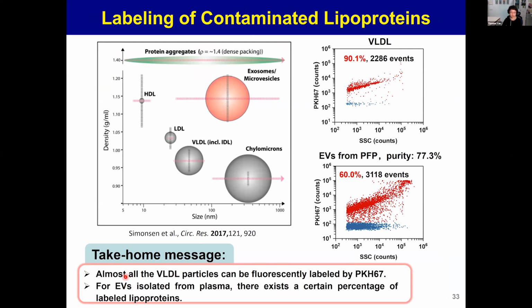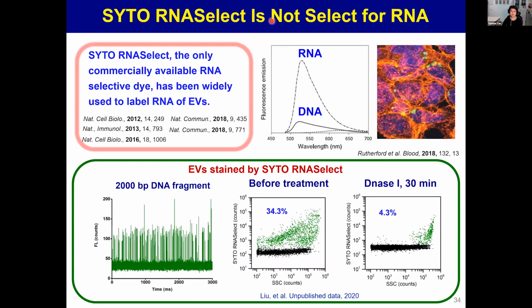So for sure, for the EVs isolated from the plasma, if you want to use membrane labeling, there are also some labeled lipoproteins.